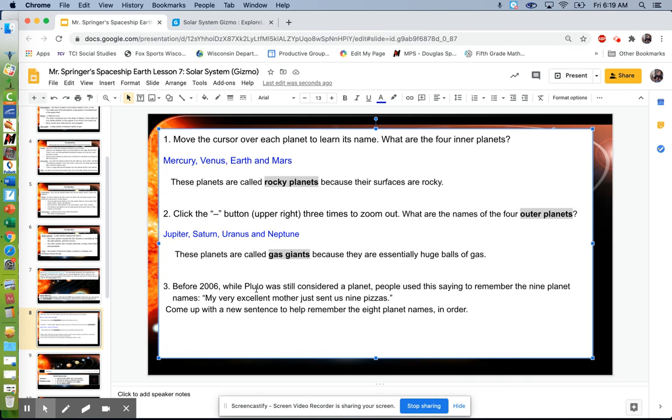Before 2006, while Pluto was still considered a planet, people used this saying to remember the 9 planets' names. My very excellent mother just sent us 9 pizzas. I think this is why people are mad that Pluto's not a planet anymore, because now this doesn't help them.